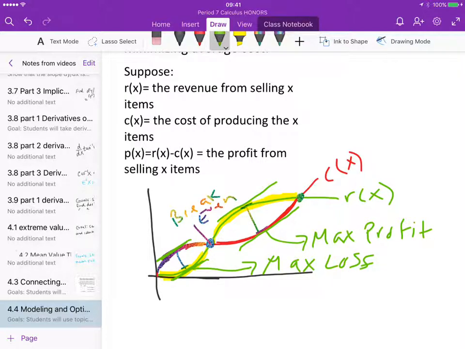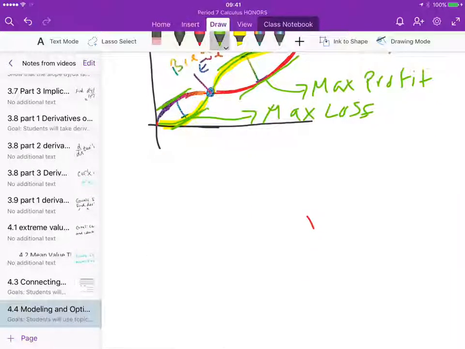We don't want that loss in there. So we need to find that point in which the slopes of the tangent lines are equal to each other in such a way that at that point of the graph, the revenue is greater than the cost. And that's going to lead us into our theorem.